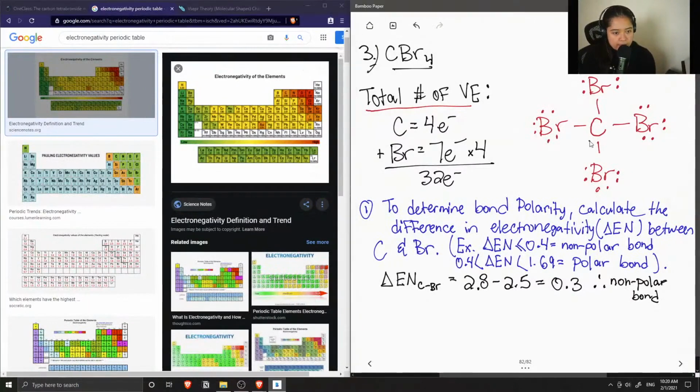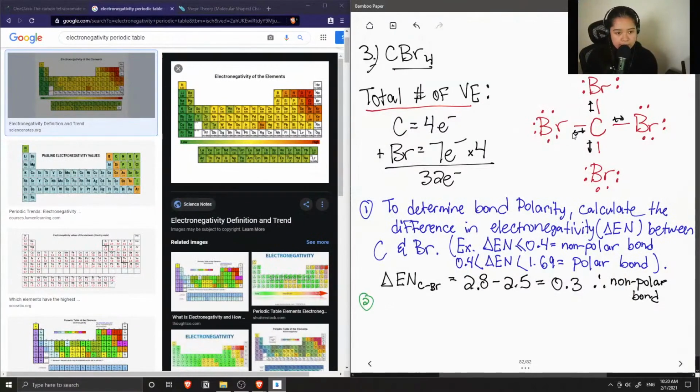Even if there was a slight dipole moment, we would see it going towards the bromines. And this is when we would also analyze the molecular shape of our compound as well.